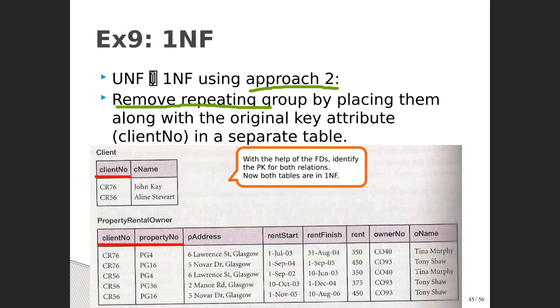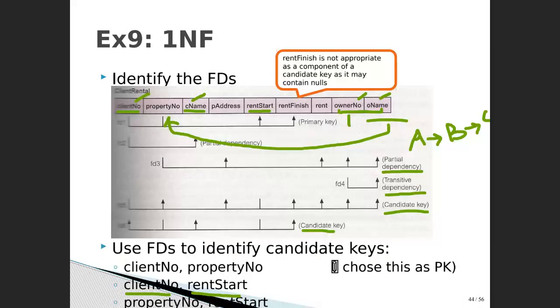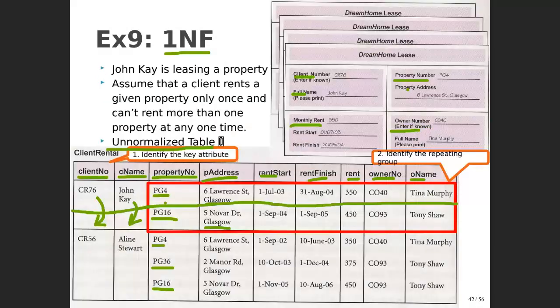We noticed that the client in the unnormalized form includes multiple values. For example, property number will be repeated for each client. So we can just remove this and put the client number along with it.